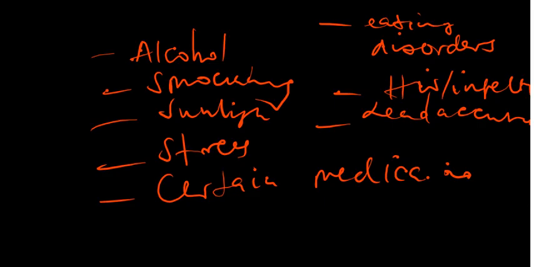All right, so the two major types are, one, cutaneous porphyria.